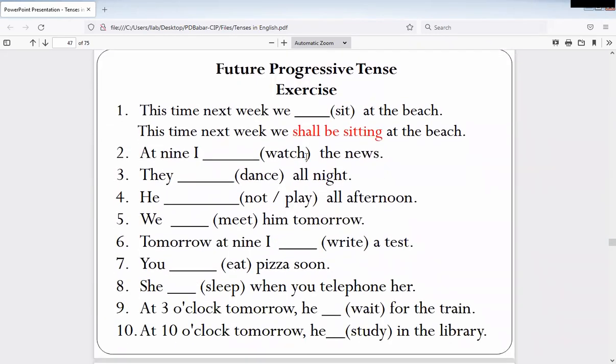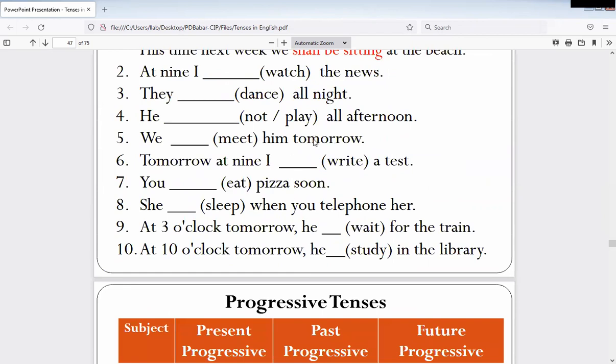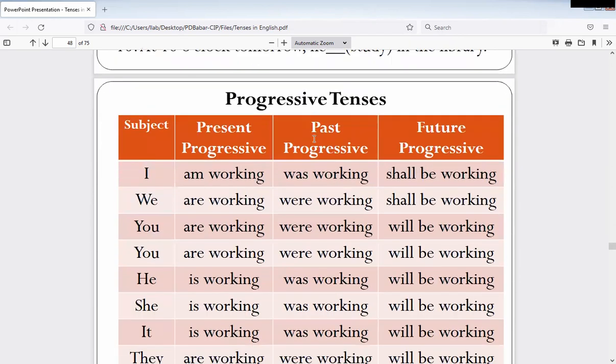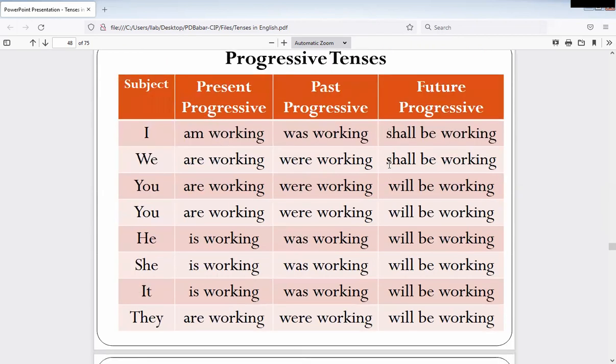In total we have discussed progressive tenses and their structures for present, past, and future progressive in one chart. This chart is very important and I hope you have written it in your notebook.